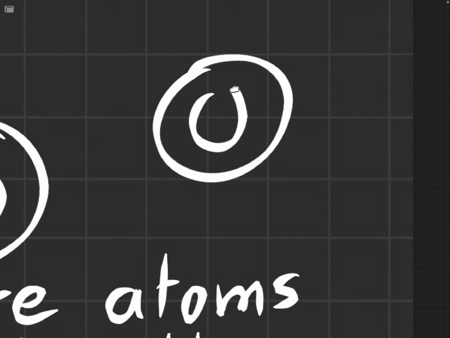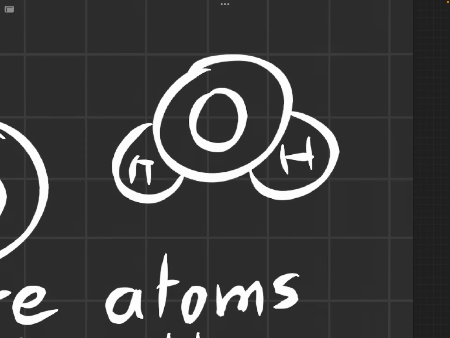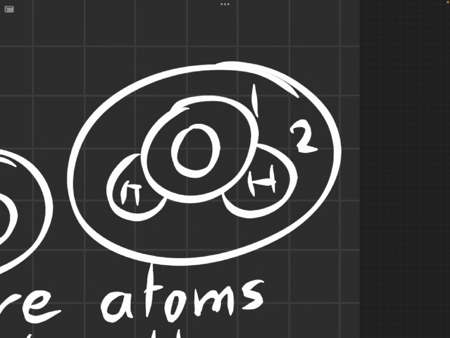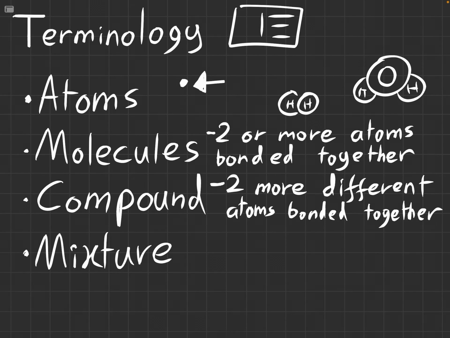However, something like water, where you have oxygen and hydrogen, that is a compound because you have two different types of atoms. So that's the difference between a molecule and a compound. A compound is a molecule, but a compound must have two or more different types of atoms, whereas a molecule can have two or more of the same types of atoms, or it can have two or more different atoms. So this water molecule here is still a molecule, but it is also a compound.